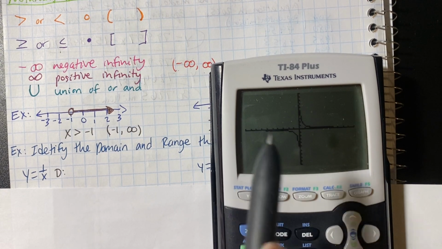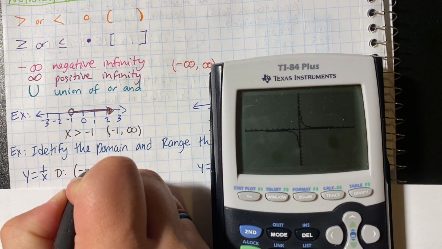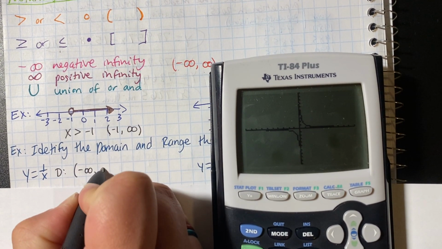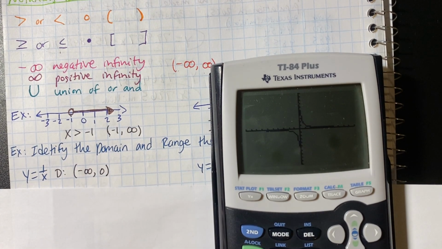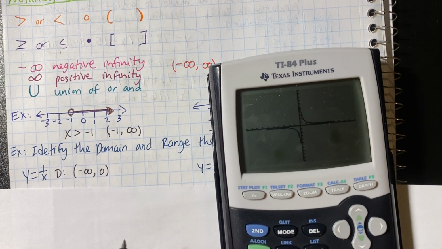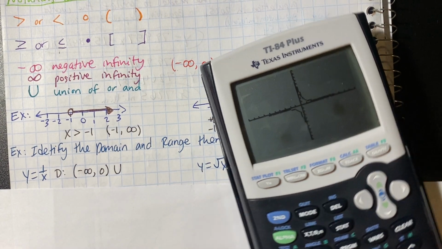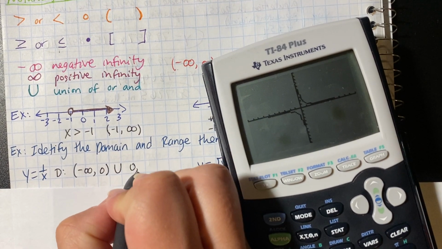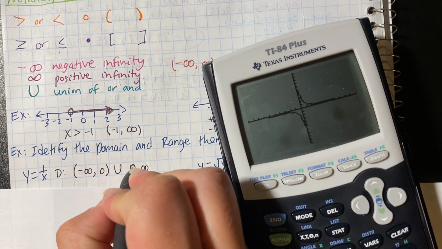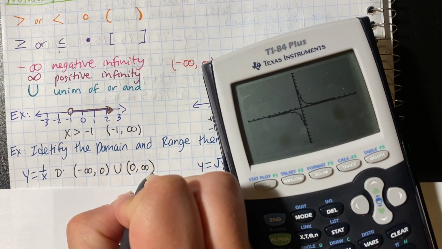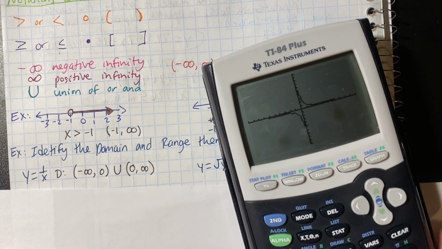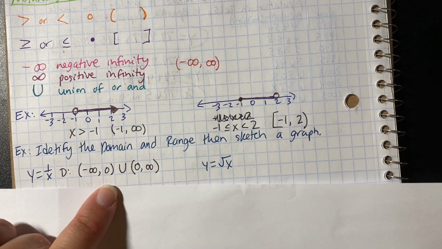So it goes from -infinity to 0. It doesn't include 0, so we're going to put a parenthesis. And then this is where I use that union U. And we start at 0, we go on to infinity. We don't include 0, we don't include infinity. Okay? So this is how we would write the domain.